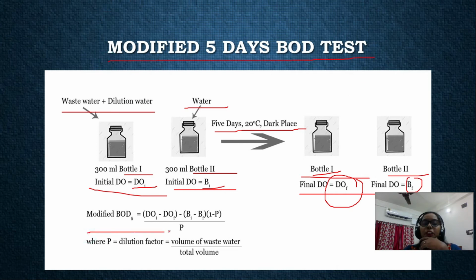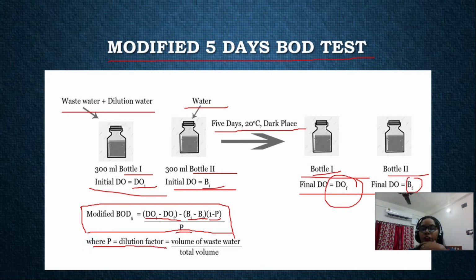Now the BOD5 will be, look at the equation. This is the whole equation of the BOD5: BOD5 equals (DOI minus DOF) minus (BI minus BF), into (1 minus P) divided by P, where P is the dilution factor, as here also we have diluted our wastewater sample.